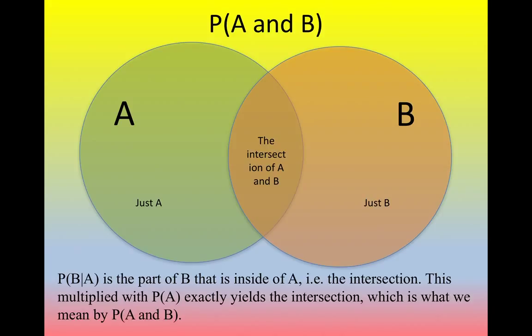In terms of these Venn diagram circles, that means this part of the B circle inside of the A circle. This overlap area is the part of the B circle that's inside of A. So if A happened, it includes this little chunk of B, which is the intersection of A and B.